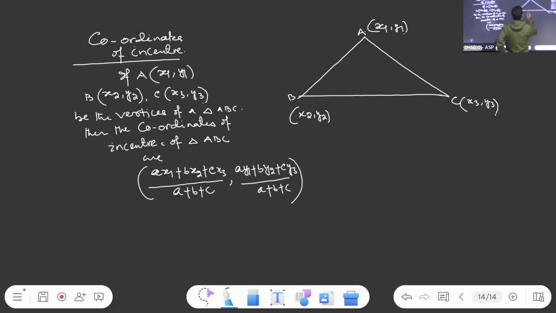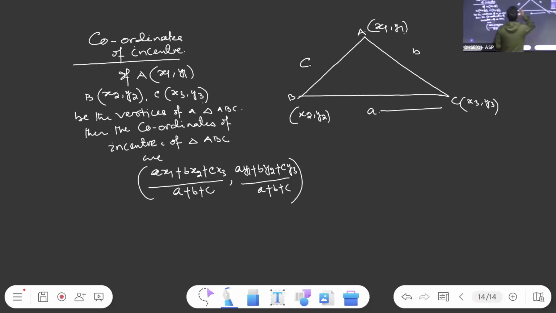The length of the side opposite to vertex A is denoted by small a, the length of the side opposite to vertex B is denoted by small b, and the length of the side opposite to vertex C is denoted by small c. So the coordinates of the incenter are (ax1 plus bx2 plus cx3) upon (a plus b plus c), and the y coordinate is (ay1 plus by2 plus cy3) upon (a plus b plus c).